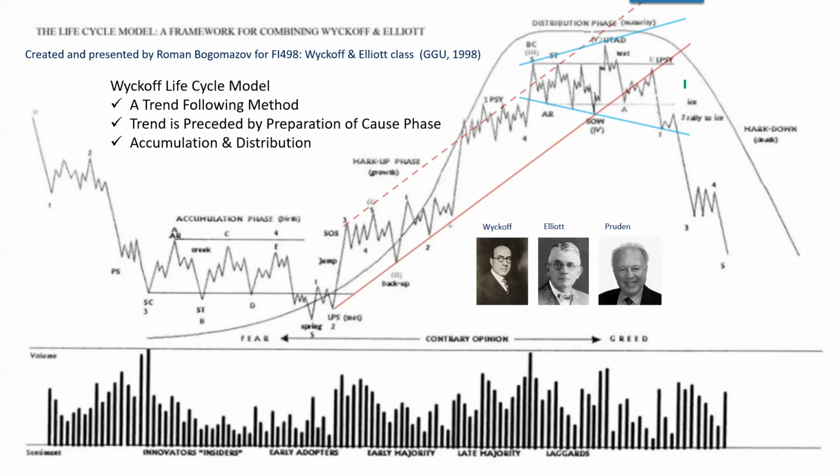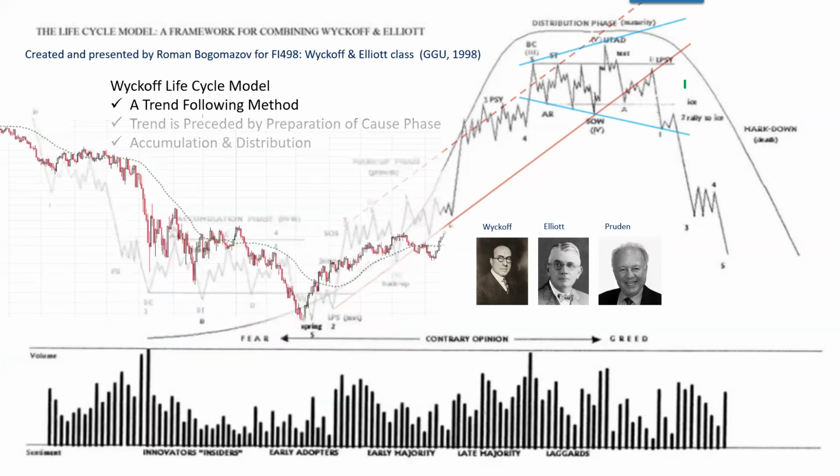Over in the accumulation, the volatility diminishes because the stock is being accumulated, absorbed, closely held, difficult to buy. That actually causes the volatility to diminish in accumulation, while volatility increases in distribution.